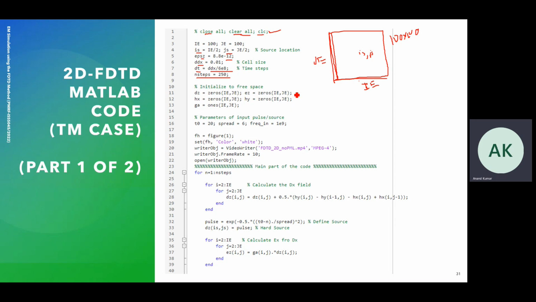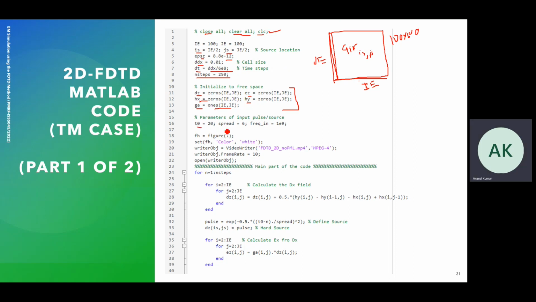Over here we initialize the variables dz, the flux density, the electric field, and the magnetic field in the x direction and y direction, and ga is the variable for the coefficient for the update equation. So this basically contains the information of the media in the space. We keep it all one because everything over here is air.